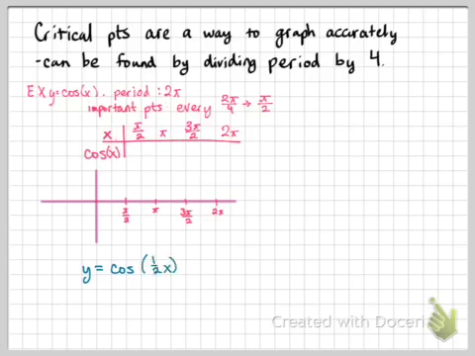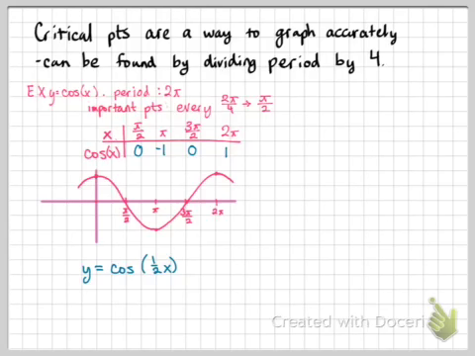The cosine of pi halves is 0, cosine of pi is -1, the cosine of 3 pi halves is 0, and the cosine of 2 pi is 1 again. So if I graph these points and connect them, I get a good-looking parent cosine function.